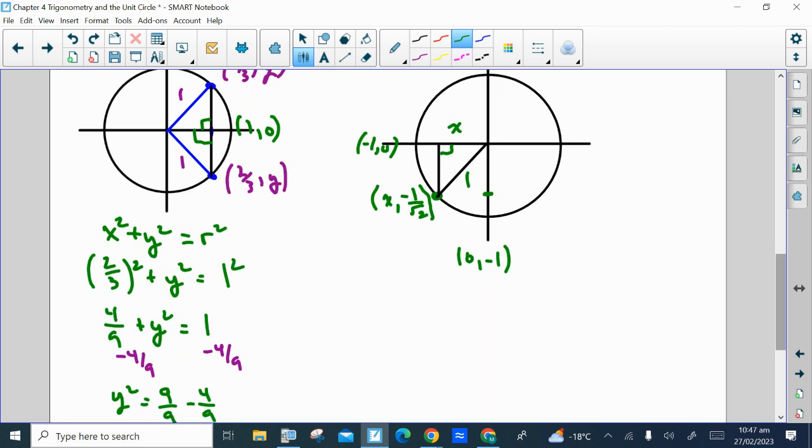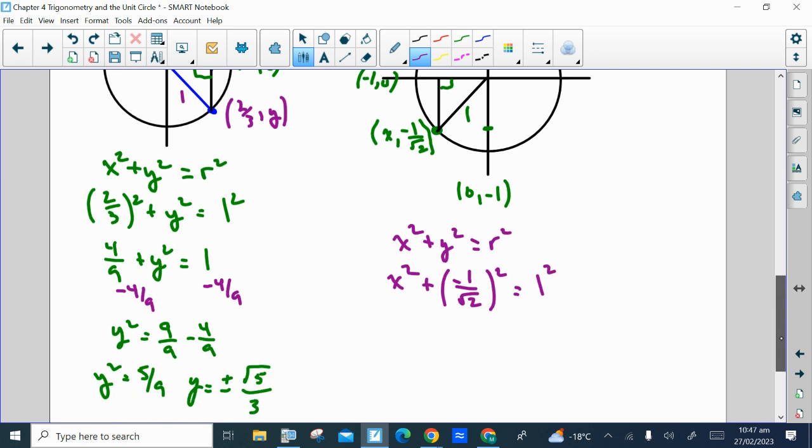So again, we can find out what that x value is by using the Pythagorean theorem. x squared plus y squared equals r squared. We're trying to find out what x is. Our y value is negative 1 over root 2. That needs to be all squared, and that equals r, which is 1, squared.